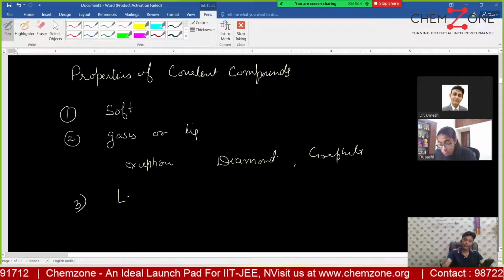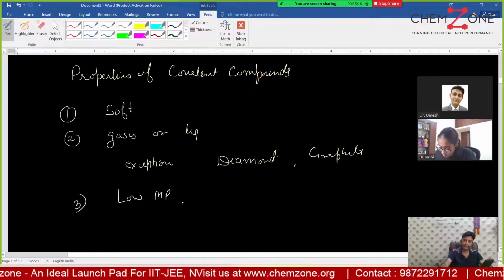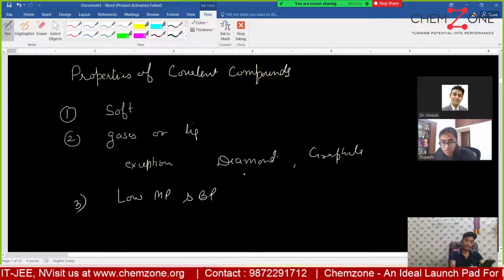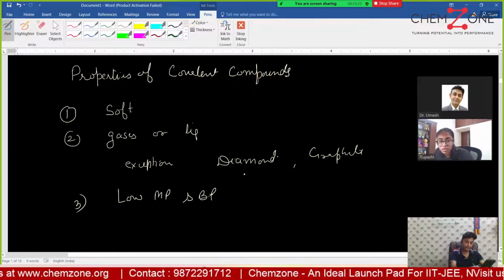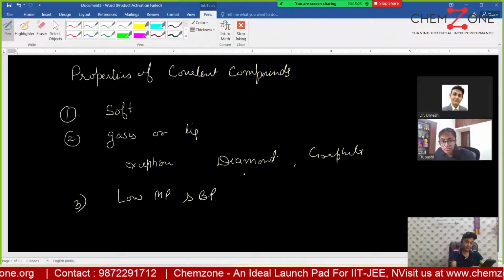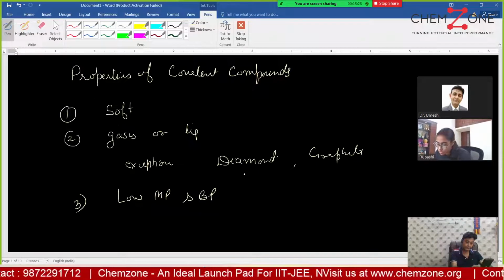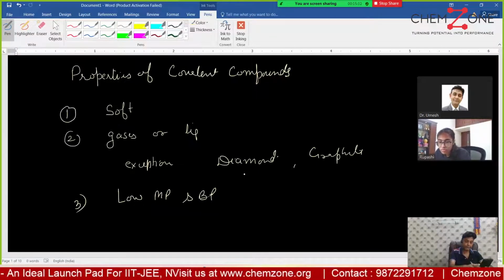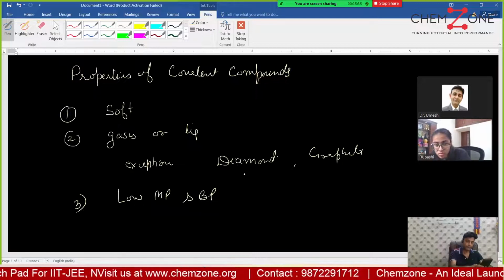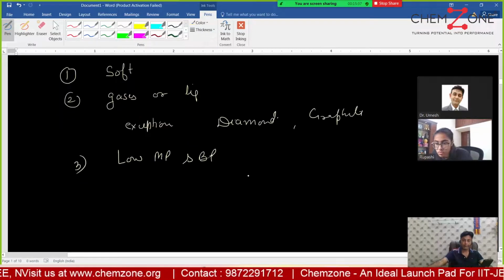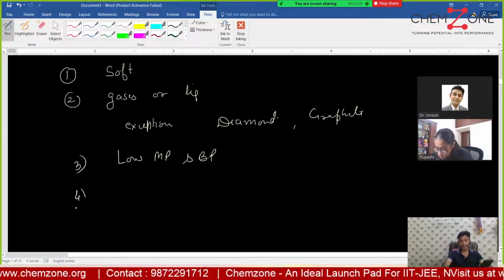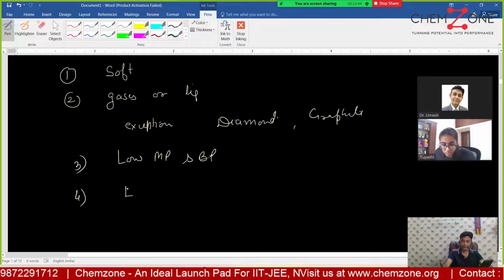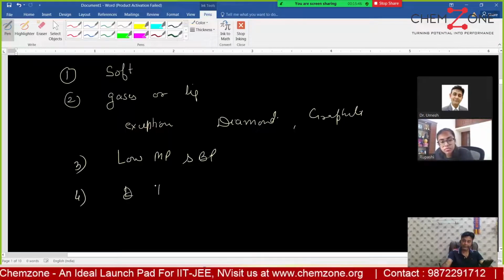They normally have low melting and boiling points. They don't have any free electrons. All electrons are paired, so they are insulators.